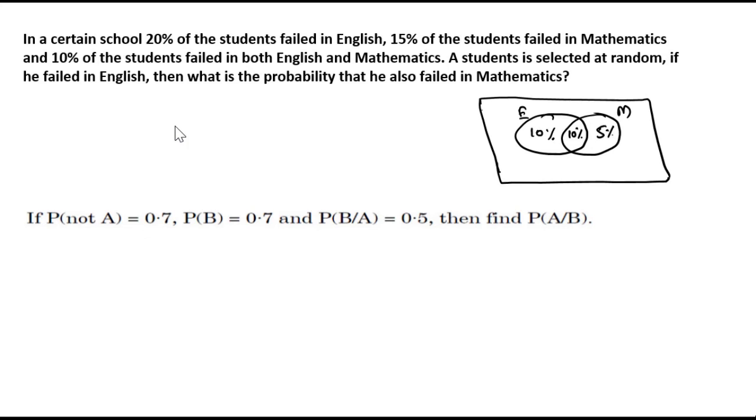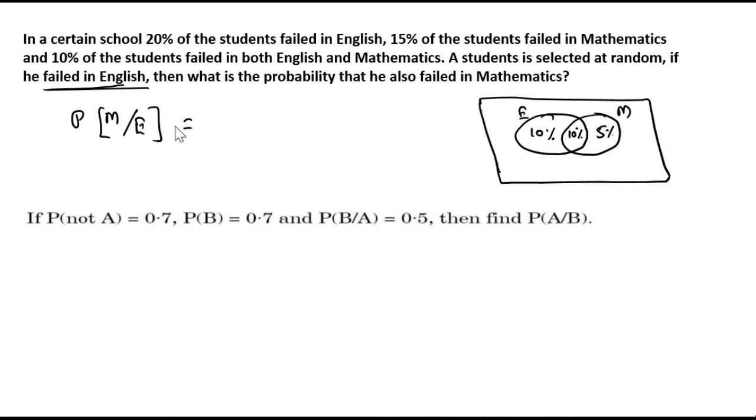Now what is the probability that he also failed in mathematics, if he failed in English? So it is given, so this is your sample space, English given. Then what is the probability he also failed in mathematics?